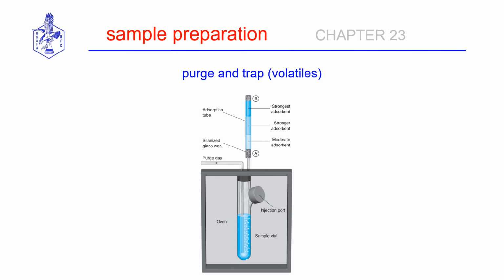Another consideration in sample preparation, if the nature of your analyte species is that they are volatile, one can pre-concentrate those species by what's known as purge and trap. So if you've got your sample down here and it's contained in an oven that we can increase the temperature, anything volatile in our sample will go into the gaseous phase above the solution.